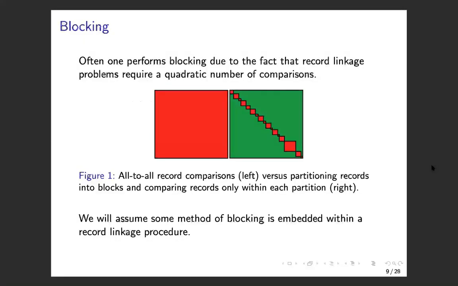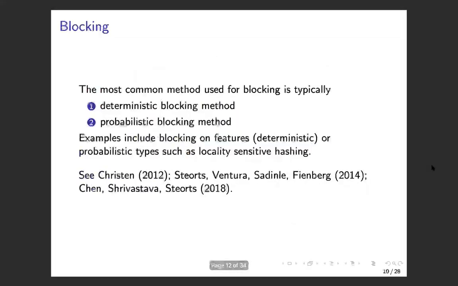I could block on things that are more sophisticated, where I might block on last name or first and last name initial. And so you could imagine coming up with lots of different types of deterministic blocking schemes. The downside of a deterministic blocking scheme is the fact that you don't know the uncertainty of the blocking method that is then passed to the entity resolution process.